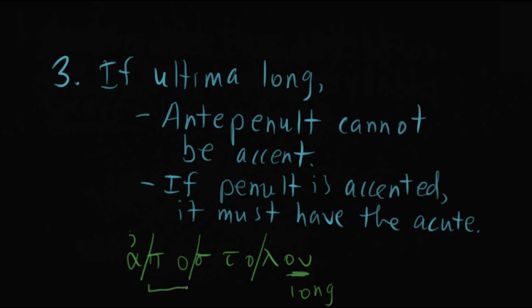So the antepenult cannot be accented according to this section of rule 3. The penult, however, if it is accented, has to have the acute. Now if you remember rule number 1, the penult can be accented with a circumflex. However, since the ultima is long, the penult has to be accented with an acute. So that's rule number 3.